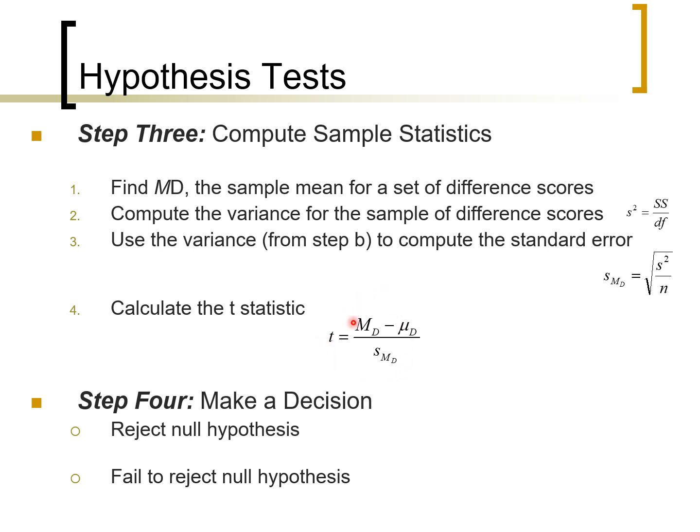But whether this is big or small is relative to how much error or noise compared to our signal we have. If the noise is big, we're less sure of our result. If our noise is small, our result is more clear and we're more sure when we make a decision. And that decision, of course, is either to reject the null or to fail to reject the null hypothesis.